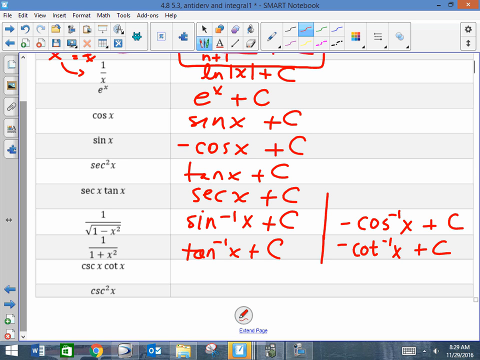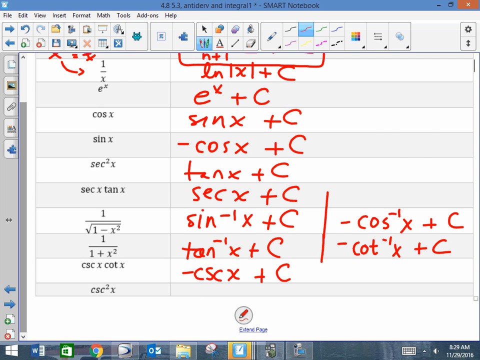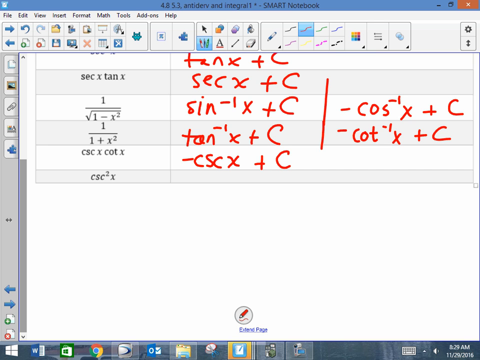Negative cosecant x, yes. Okay. Cosecant has a negative, so in order to have a positive here, that negative cancels itself out. And then what about cosecant squared? Again, cotangent, yes. Okay. So those are just some of them that are going to come up.